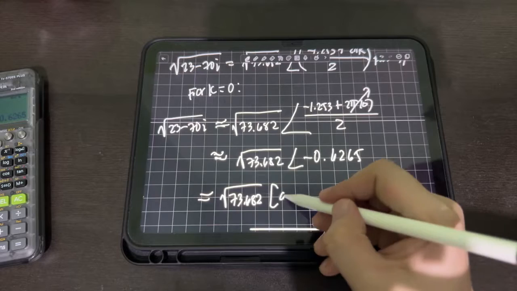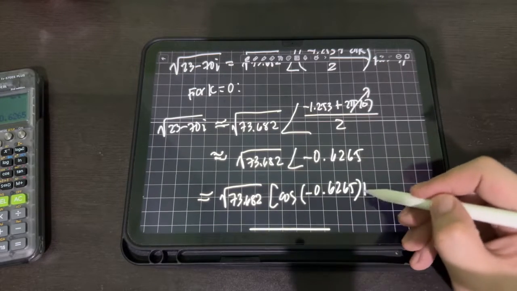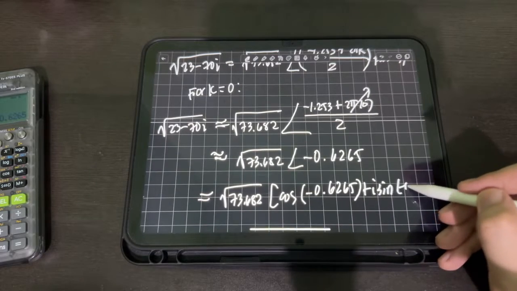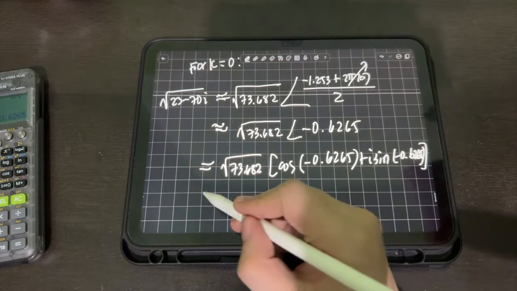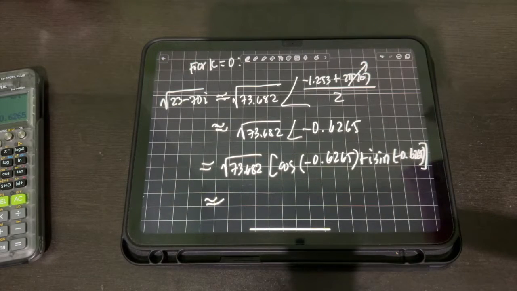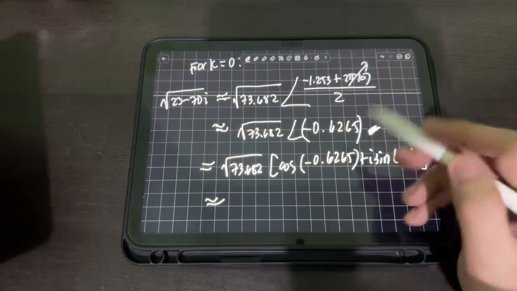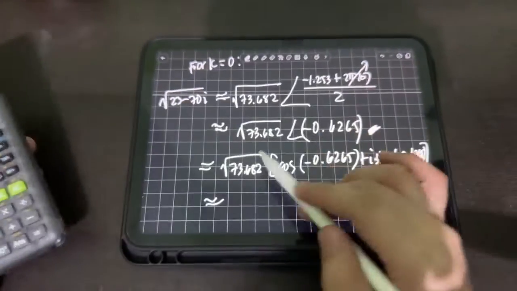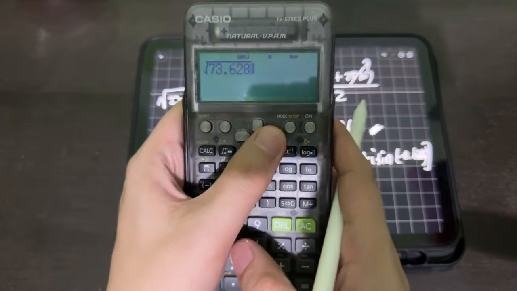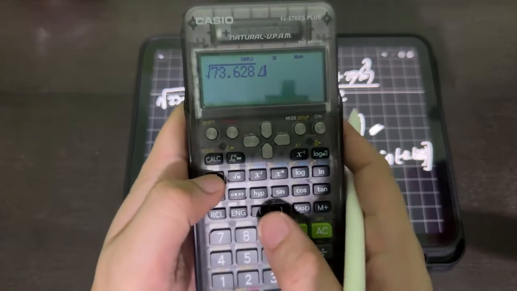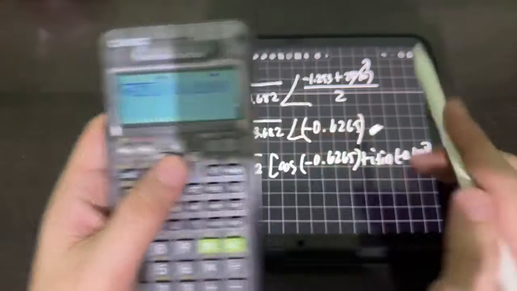73.682 times cosine of negative 0.6265 plus i sine of negative 0.6265. And then if you want to convert to rectangular form, just input this in your calculator: the square root of 73.682 angle of negative 0.6265.